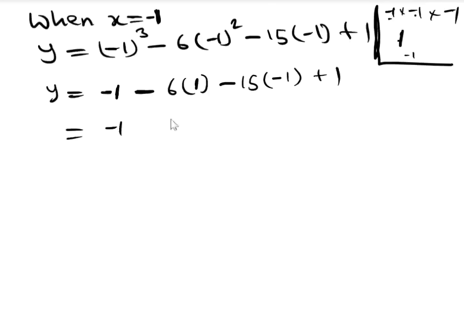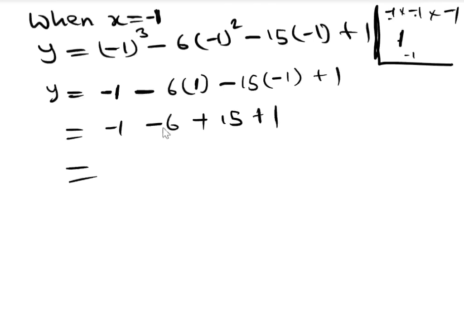This is equal to minus 1, minus 6 multiplied by 1 is minus 6, minus 15 multiplied by minus 1 is plus 15, plus 1. We can decide to sum up the negative together and the positive together.